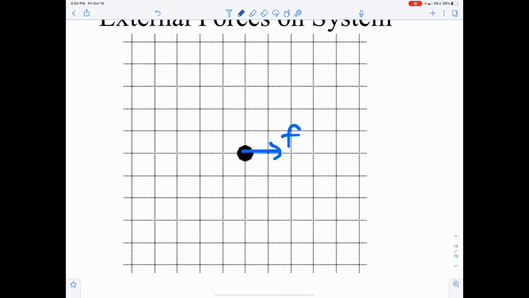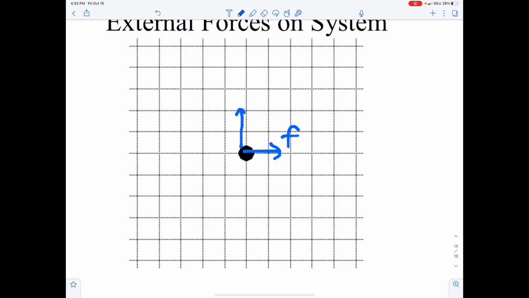We'll go ahead and draw 2 separate arrows. So normal force for the box, normal force for the student. Similarly, we'll have weight of the box and weight of the student.